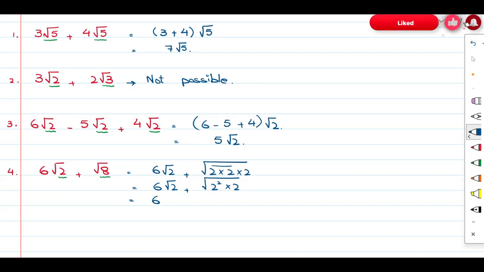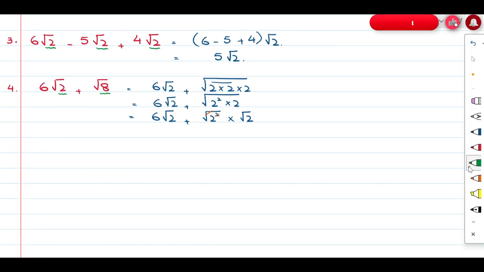Now split the root sign: the root on 2 squared and a root on 2. Now this root and this square cancel out, and we are left with 6 root 2 plus 2 times root 2.